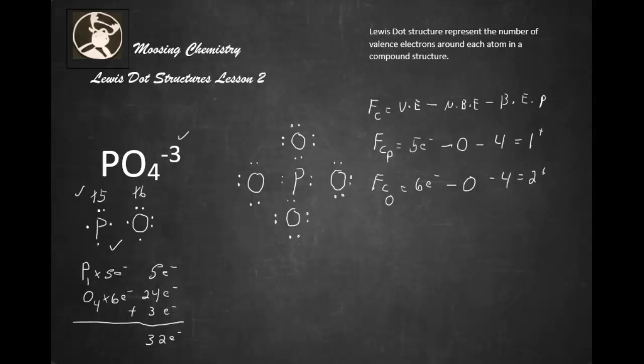So what are we going to do? We're going to change things. We're going to redraw the structure, because this is not the best possible structure. Let's erase everything. Well, I didn't like the way that turned out. What we have to do is take another pair of electrons off of one of these oxygens and put it on the phosphorus.